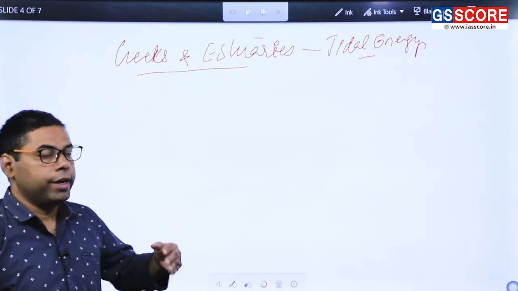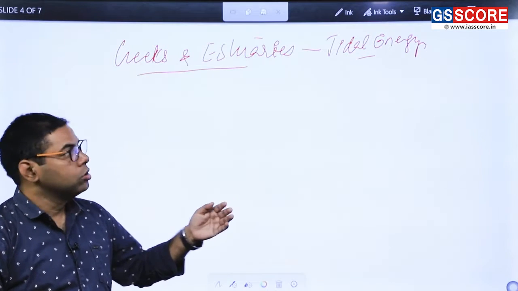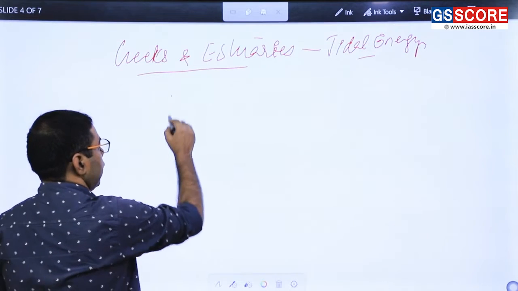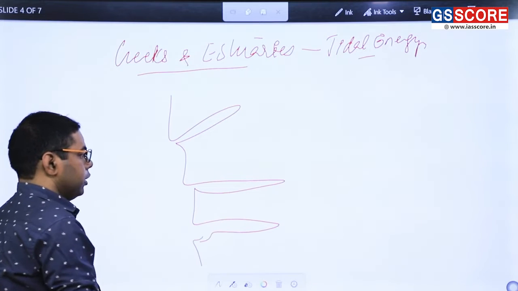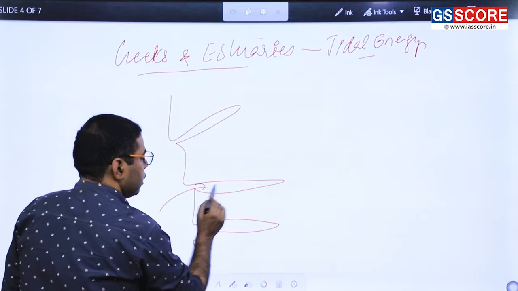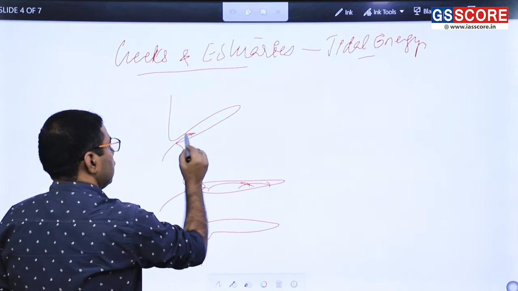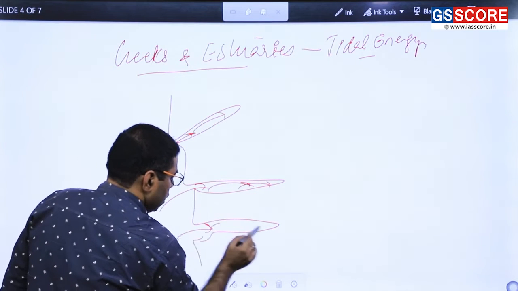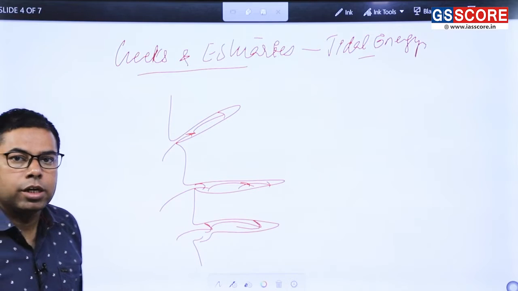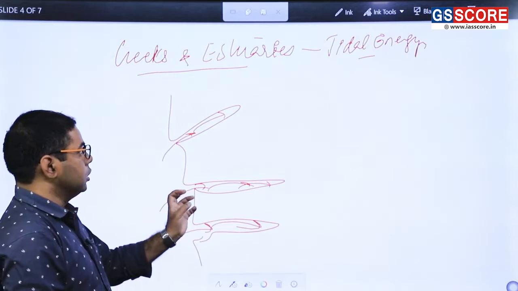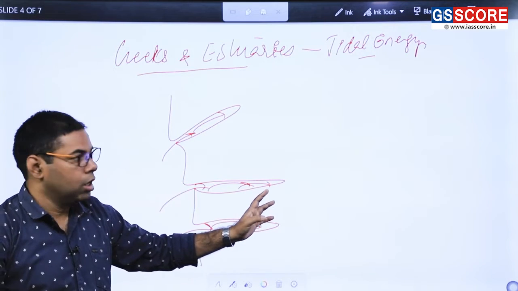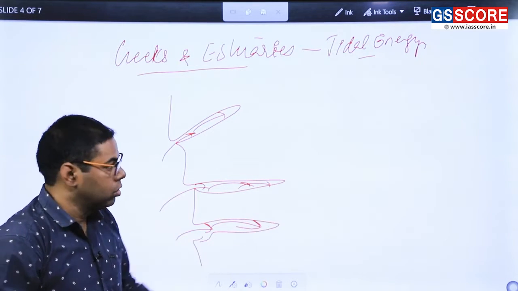During high tide, the water level rises in these narrow channels like estuaries or creeks. So we can install our turbines here to produce energy from these creeks. I hope this is clear to you, right?